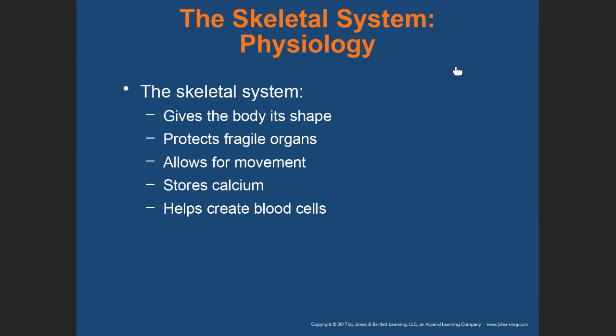Now, the skeletal system has multiple functions. It gives the body its shape, it protects fragile organs, it allows for movement, it stores calcium, and it creates blood cells in the bone marrow. So those are the main functions of the skeletal system.